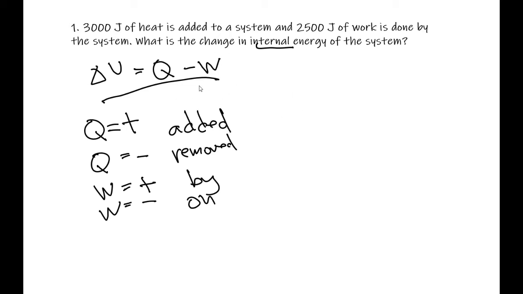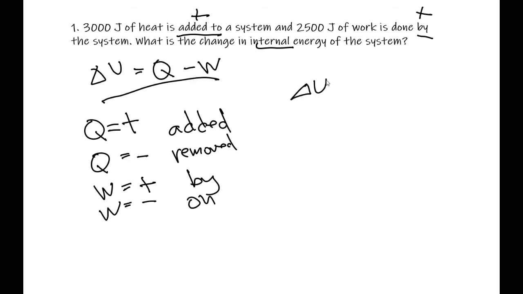So 3000 joules of heat is added to a system, which means Q is positive, and 2500 joules of work is done by the system, so our work is positive. So let us substitute the values into our equation.